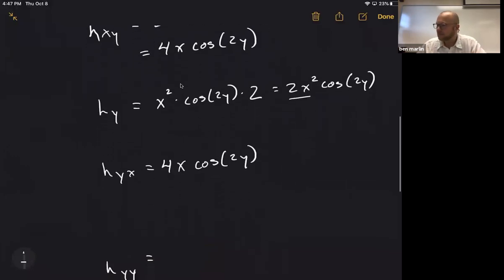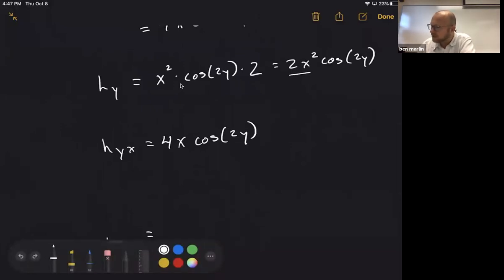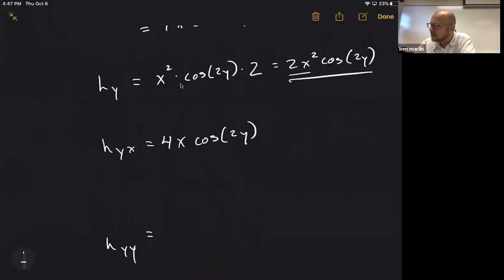All right, last one here, h sub yy. So remembering that we're looking at this piece here, and the 2x squared is a constant, so we just leave it hanging out the front. And now we have to take the derivative of the cosine of 2y.